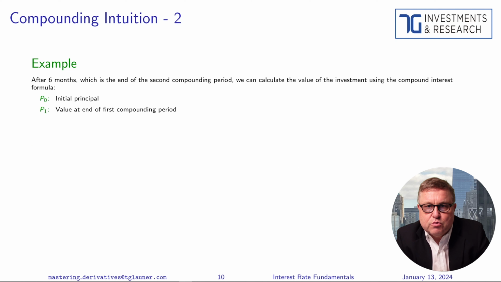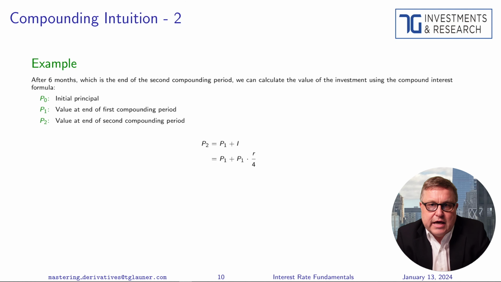Remembering that P0 is our initial principal and knowing that P1 is from our previous calculation, we want to determine P2. Similarly, P2 equals P1 plus interest of P1, where again we calculate interest for a quarter period using our established formula.